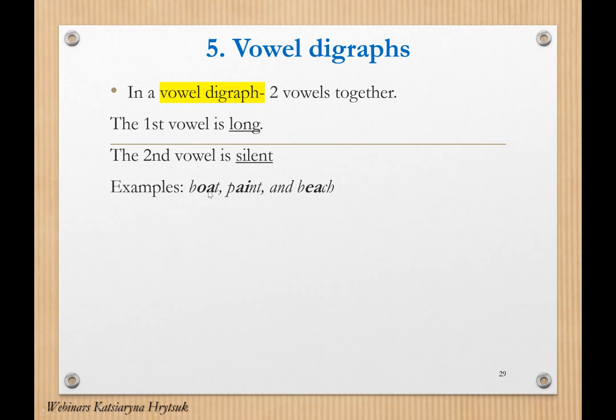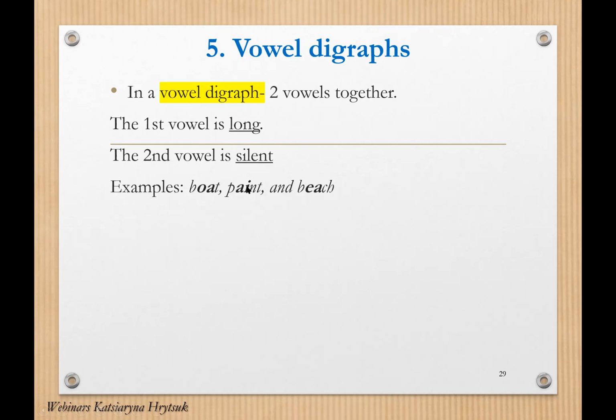Okay? Example, boat. You see, we read only O, which is long, and letter A, we don't read, because the second vowel is silent. You see? It's silent. So, paint, letter A, sound A. We read paint.